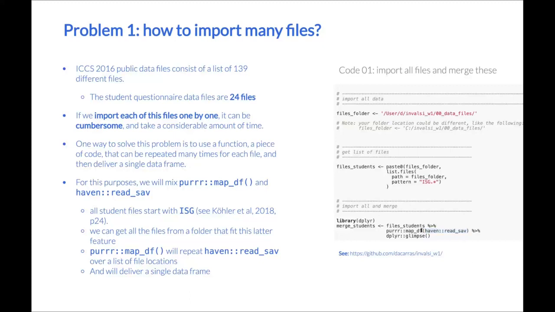And then at the end, because this is a df function, instead of giving you a list, it's going to give you a full data frame in a single line. So we have just resolved the first problem: if we have many files, there are ways that we can work around with code to avoid importing files one by one.